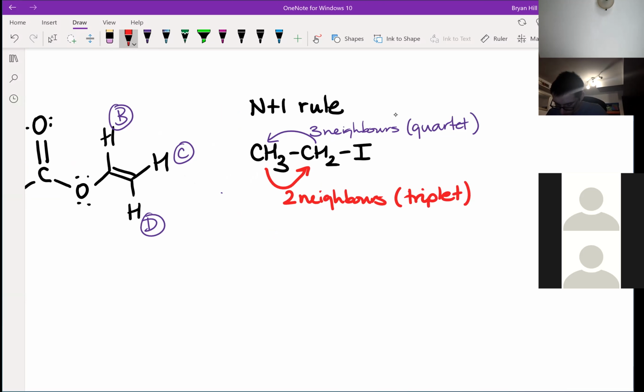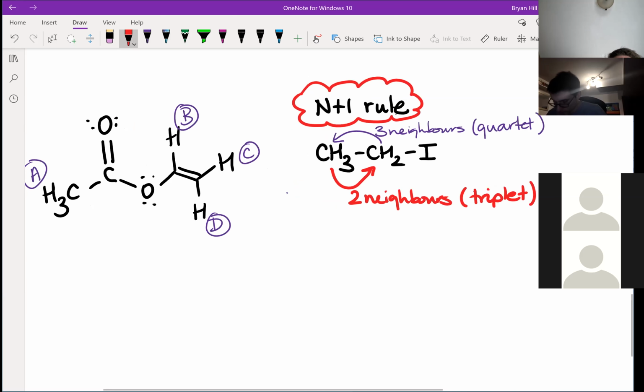When we're using the N+1 rule here, when you're coupling to become a triplet or a quartet, both CH2s are equivalent, and all of the protons on the methyl are equivalent to themselves.